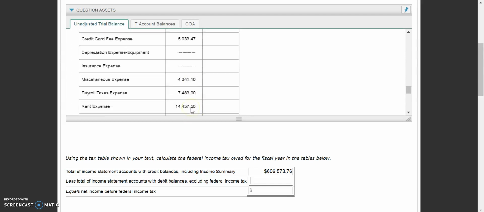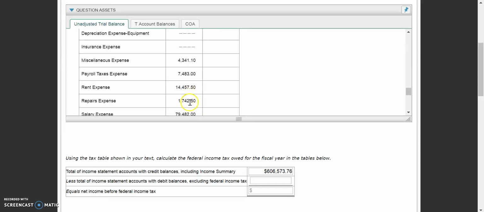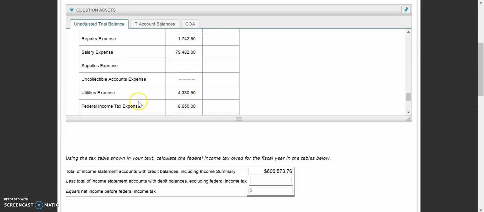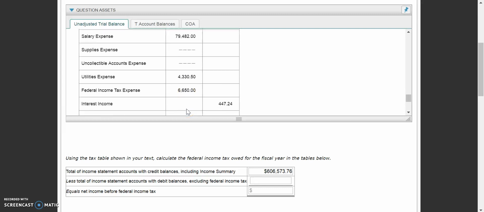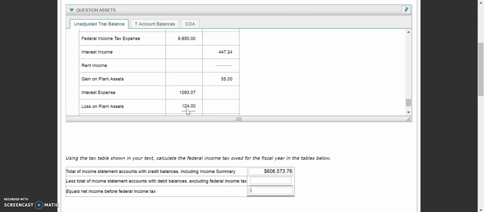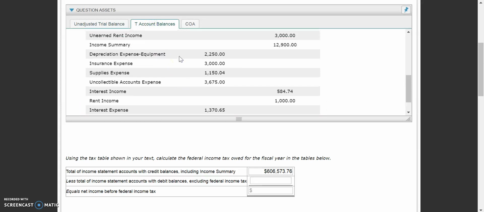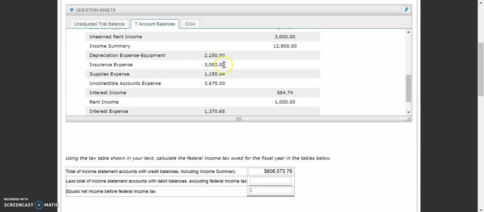Miscellaneous, payroll taxes expense, rent expense, repairs expense, salary expense, utilities. We exclude federal income tax expense. That one will not be here. Interest expense, remember, is going to be one of the ones on the T account, so that'll be different, and then our loss.